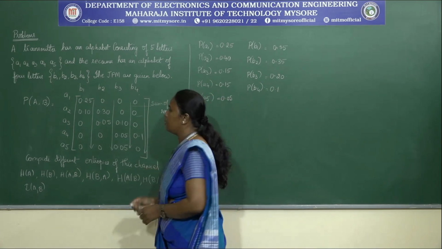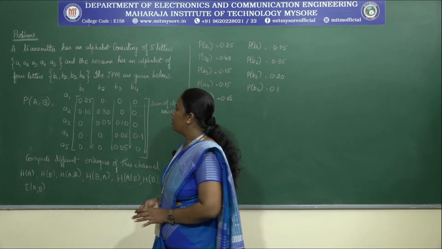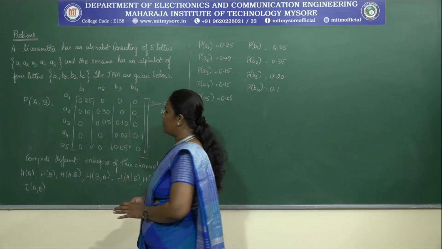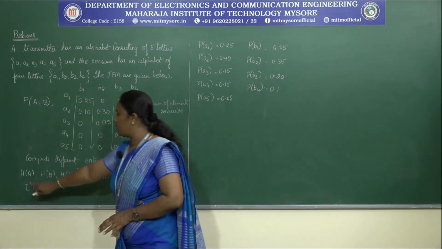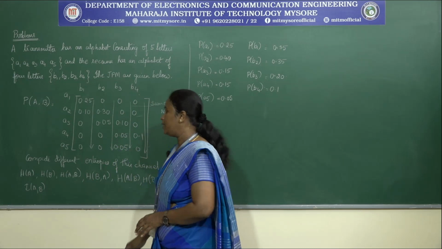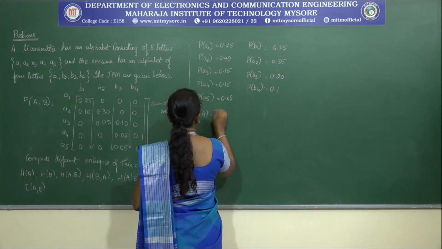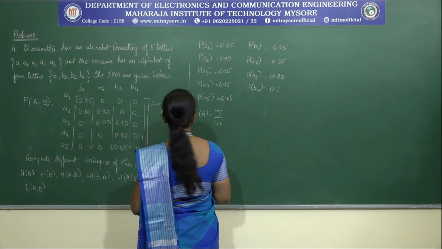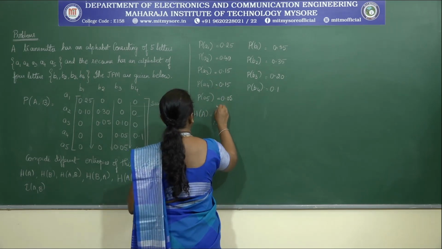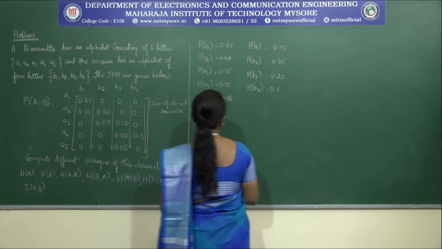So once you find all the elements with respect to the row and column, it's easier for us to calculate the entropy with respect to the input side. So H of A is equal to the summation of i equals 1 to, how many input symbols do we have? We have 1 to 5.